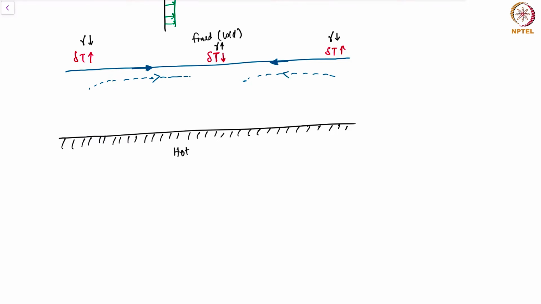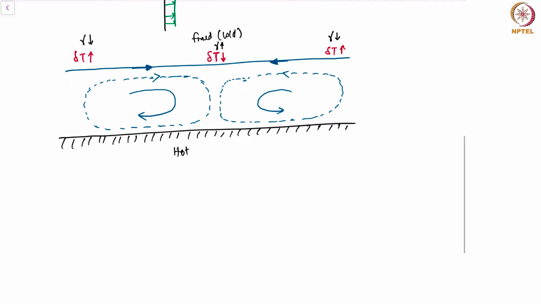Fluid would converge to the middle where the temperature is slightly lowered, but then it can't stay there, so it has to go down, and you can end up setting up a convection pattern. Of course, I'm showing this in 2 dimensions, but this phenomenon really happens in 3 dimensions in an experiment.